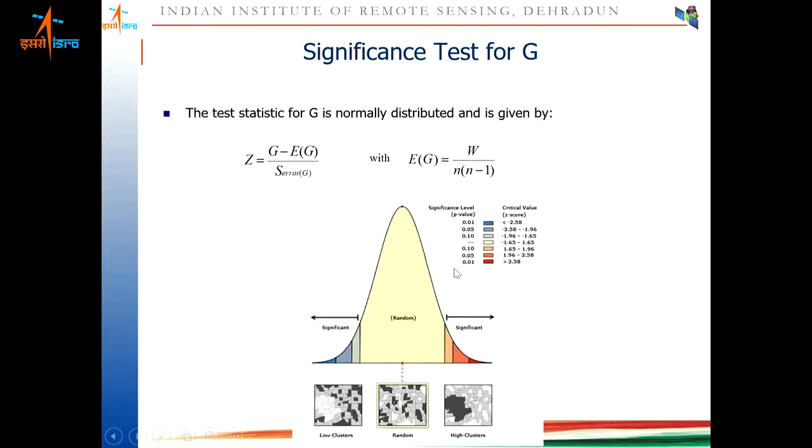If your Z score lies in the right hand side tail, it means high values are clustered. If the Z score lies in the left hand side tail, it means low values are clustered. And if it lies in this middle region, it means there are no clusters present and your data is following a random distribution.